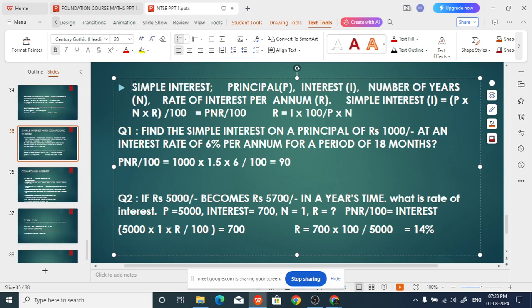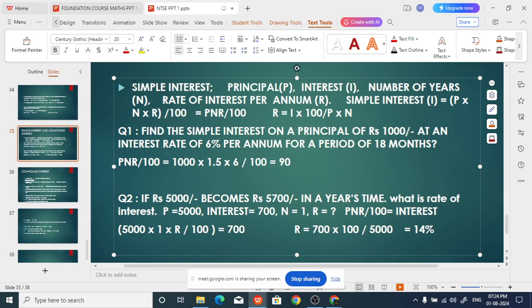Now, first question, can anybody read? Kavinaya, you can read. Yes, sir. Simple interest. Principal P. Interest I. Number of years N. Rate of interest per annum R. Simple interest I is equal to P into N into R divided by 100, which is PNR by 100.